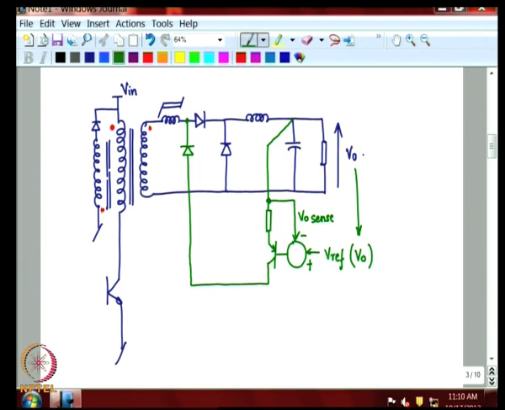Now, what happens here? Now, let us say that the V naught has decreased. So, the moment V naught has decreased, this has become lesser, this will become more. So, once this has increased, this will start getting biased towards cutoff, and as this starts getting biased towards cutoff, the current flow here reduces.